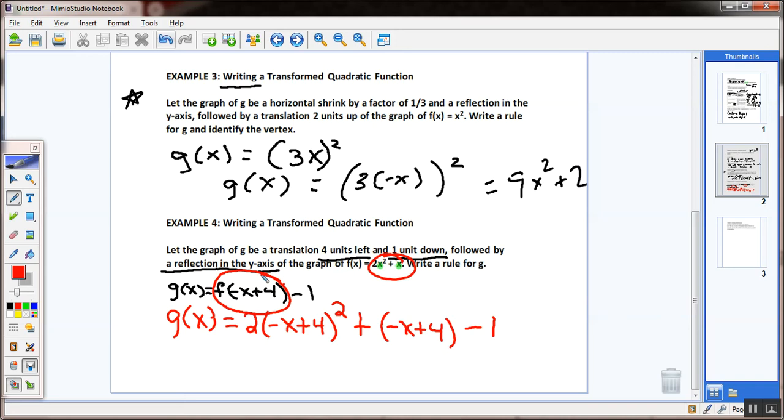Okay, so this is all the following. This is now 2 times x squared minus 8x plus 16 plus negative x plus 4 minus 1. Huh, no problem. Help me distribute all of this mess right here. How many x squared are you going to have, kids?